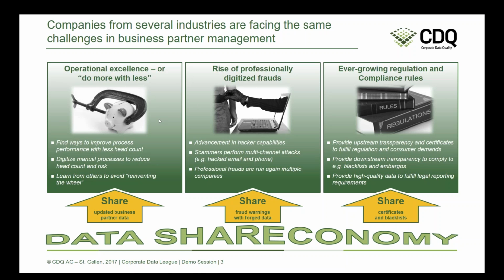In the discussions around the Corporate Data League, some additional ideas arise that we are already addressing, and which have been addressed also by other demo sessions. In the middle pillar here, you see the topic of digitized fraud, especially the topic of falsified invoices.